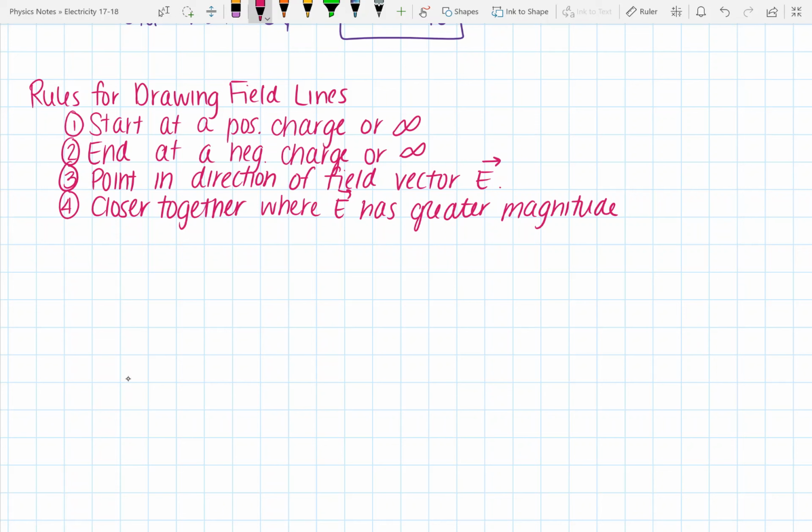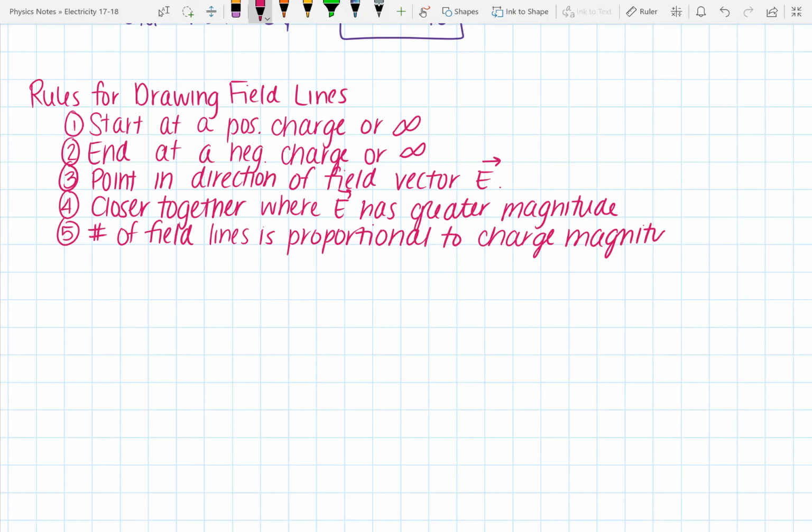And the number of field lines is proportional to the charge magnitude. And we'll see what I mean by that in just a minute here.